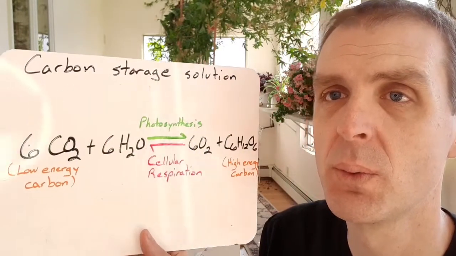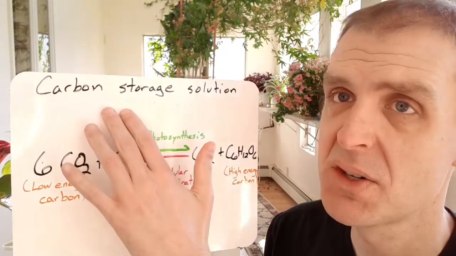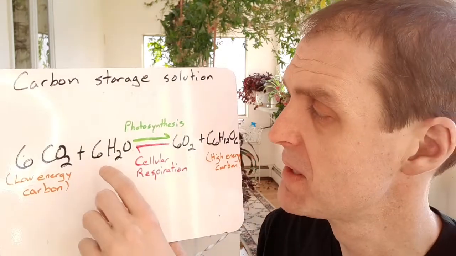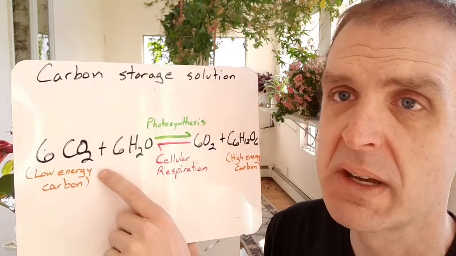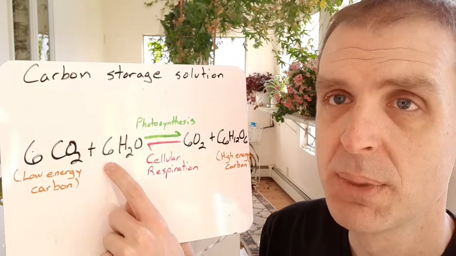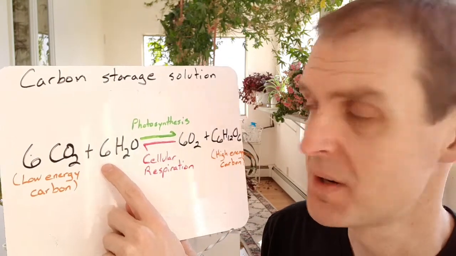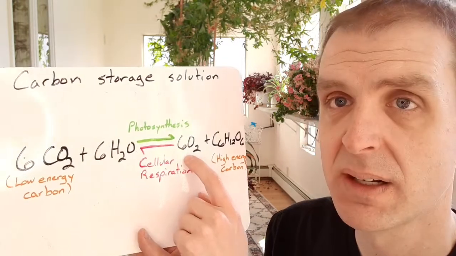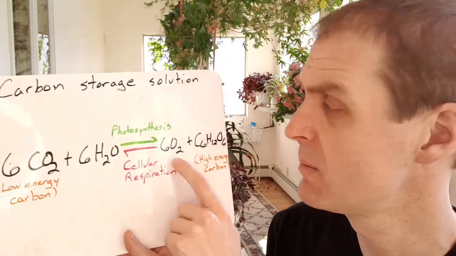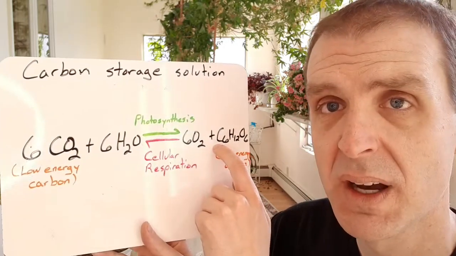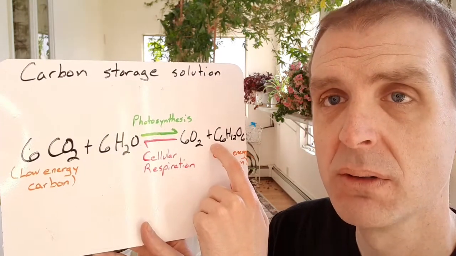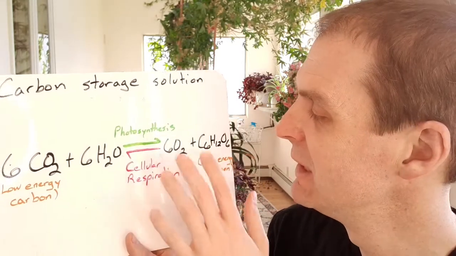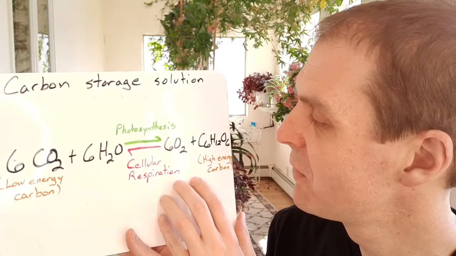So when we talk about nature's way of doing a carbon storage solution, they use photosynthesis. So this is a chemical reaction. We've got 6 CO2 molecules plus 6 H2O, that's water molecules, go through the process of photosynthesis, and a byproduct of that is 6 oxygen molecules plus 1 6-carbon sugar molecule, glucose typically, but fructose has the same chemical formula.